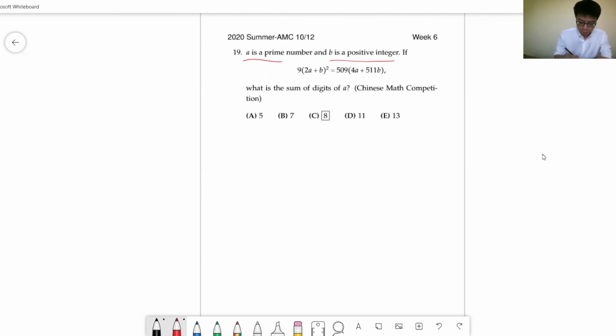All right, so let's look closer at these numbers. We notice that 509 is a prime number. This is good because GCD of 9 and 509 is 1. So let's use some divisibility test or properties to find some property of a and b.